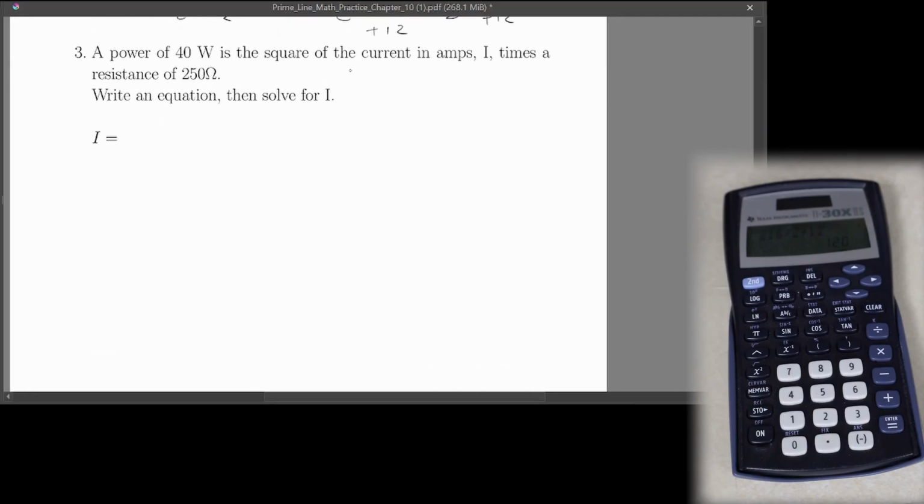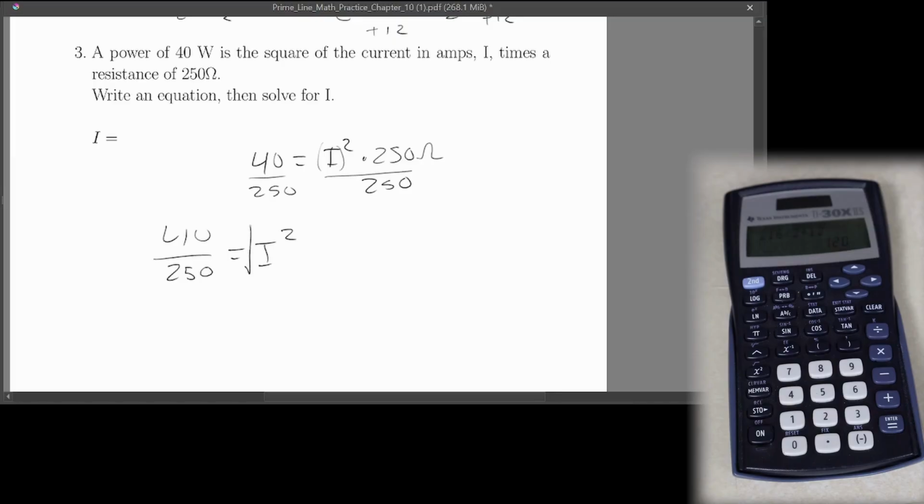Number 3. So we know that 40 is the square of the current in amps, I. So we've got I squared times a resistance of 250 in our ohms. If we want to solve for I, we're going to divide both sides by 250. So we have 40 over 250 equals I squared.